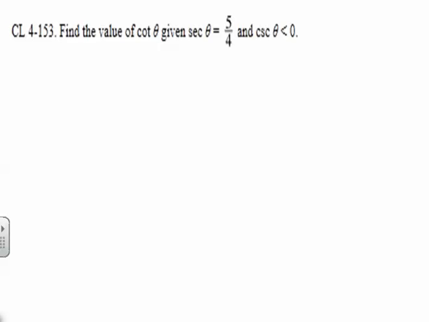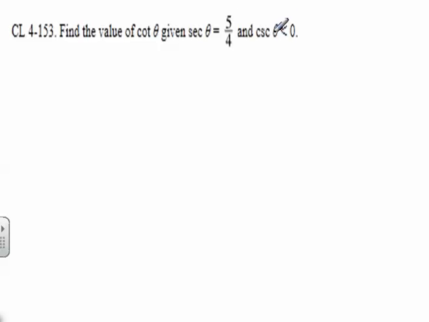All right, next, 153. Okay, I'm trying to find the cotangent. I'm given the secant and this fact right here. The reason they give you these facts here is so that you can figure out which quadrant it is. There's 4 quadrants to choose from. It looks like secant is positive and cosecant is negative.